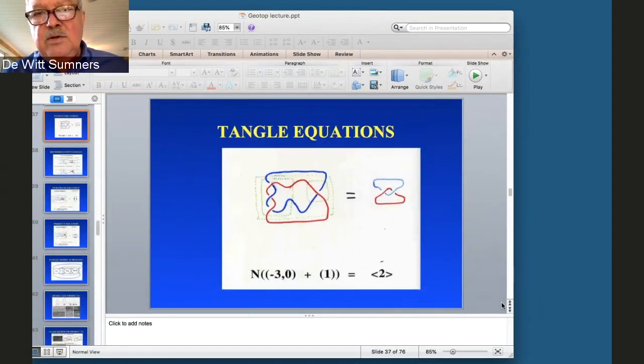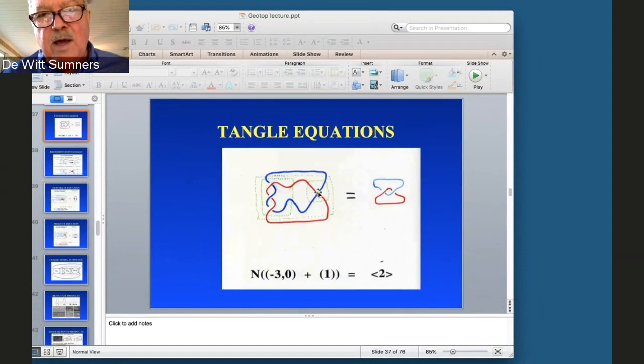So the idea is to use the biology to write equations where the unknowns are tangles. So here I've got a big green box. So think of that as the protein. And it's subdivided using tangle addition into 2 sub-boxes. The one on the left is the part of the configuration that does not change under recombination. It's got 3 plectonemic interwinds. So it's the tangle -3,0 in this picture.